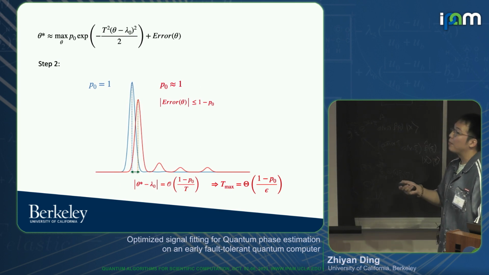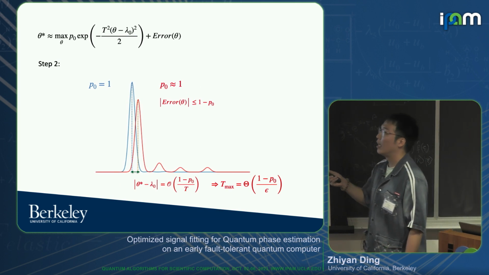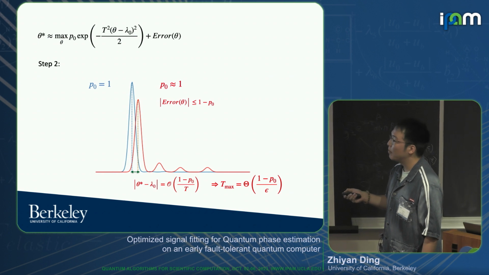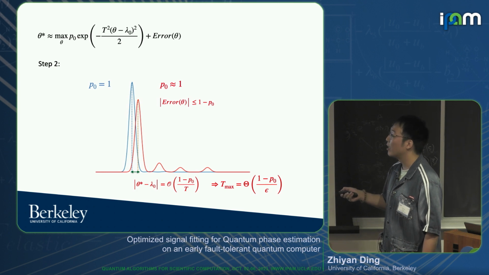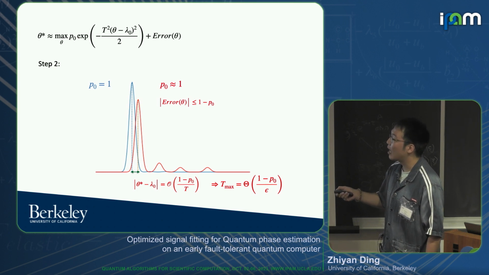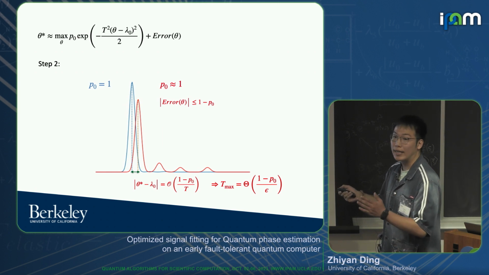So now, if my p0 is closer to 1, then in my loss function, you can see this red line. We will have some other peaks, and the effect of these other peaks on the largest peak is that they will try to move the maximum value to the right-hand side.